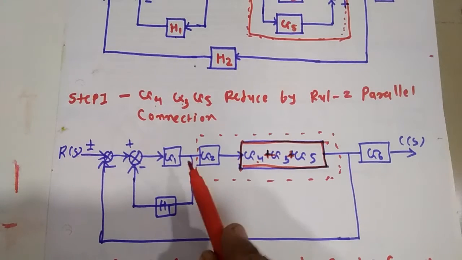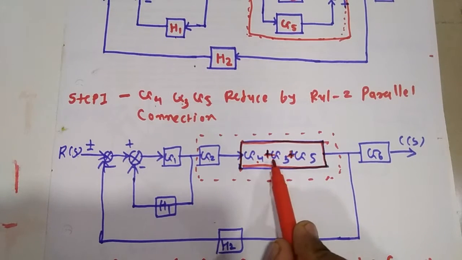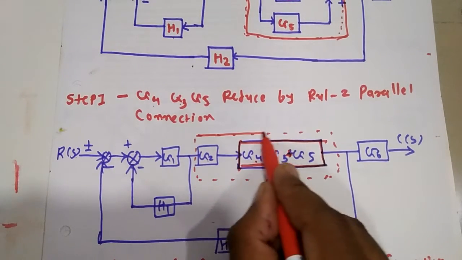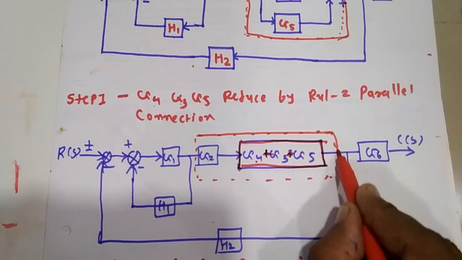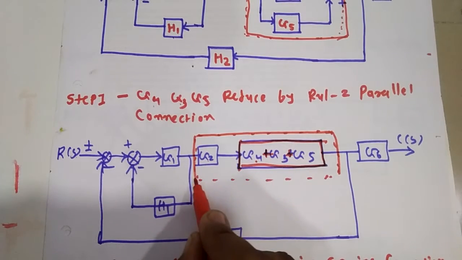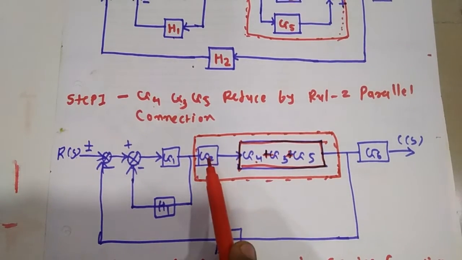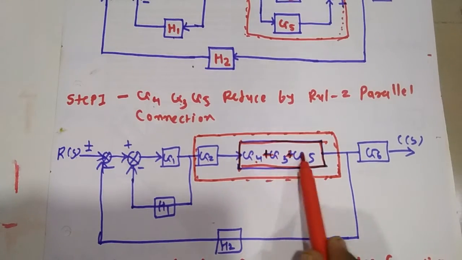After that we see G2 and G4, G3 and G5 become the series connection. So we apply the series connection rule to G2, G4, G3 and G5.